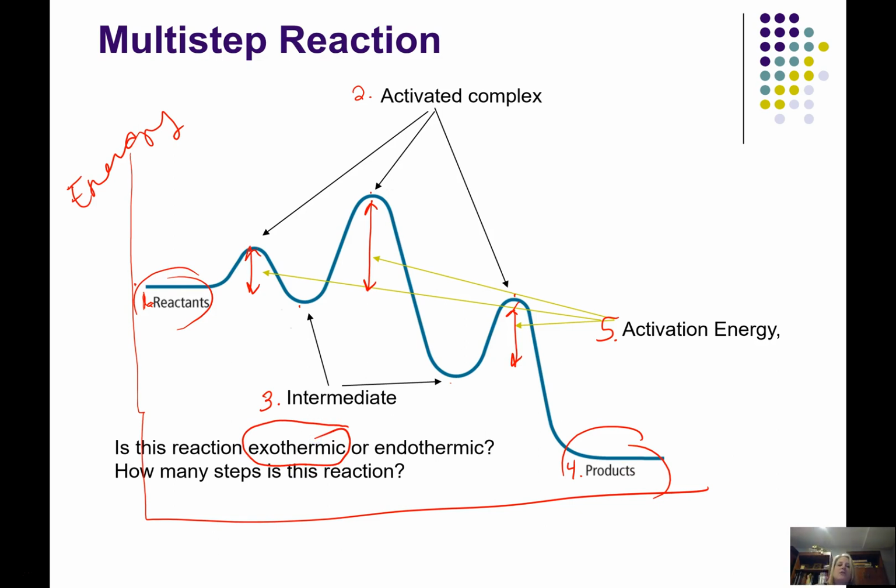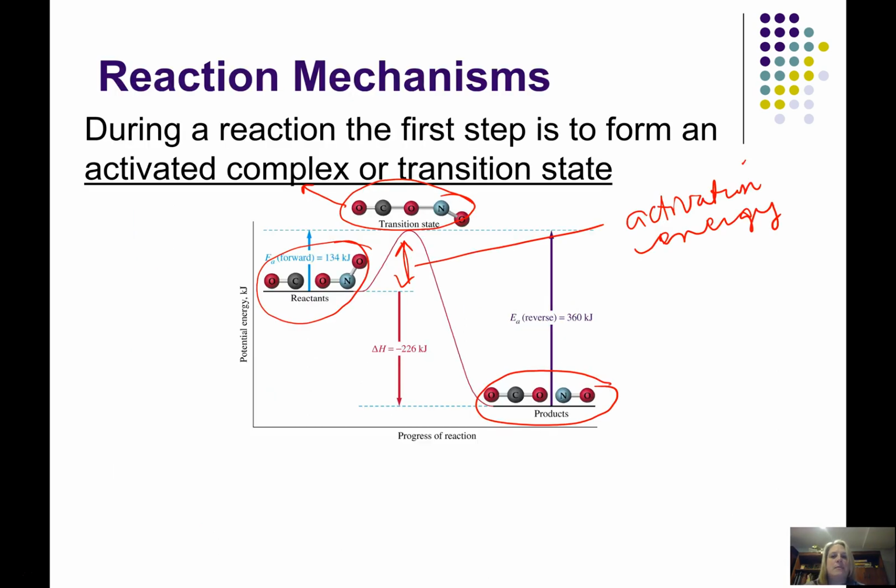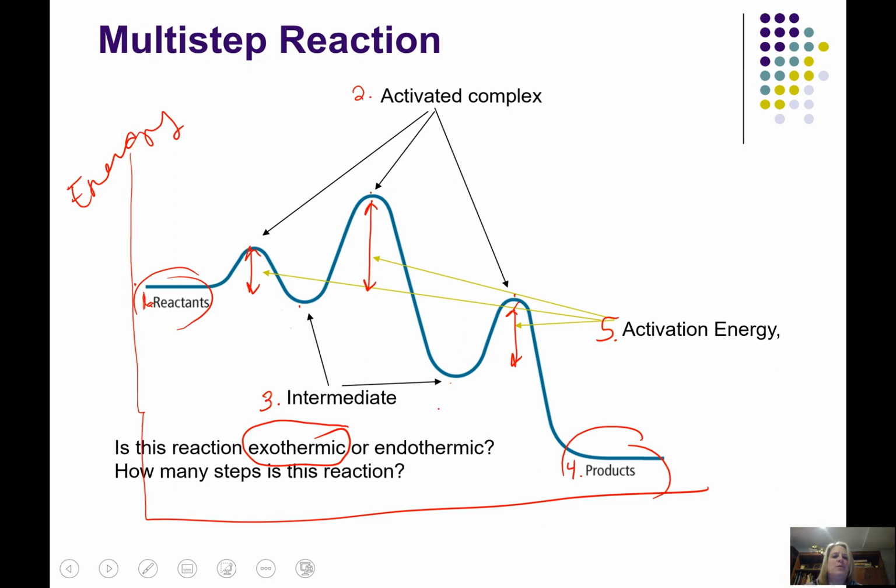Now, another thing you'll have to do is figure out how many steps are in a reaction. So if we go back to this page, this is a one-step reaction. Notice it's one step. So what do you think about this one? How many steps do you think there are in this one? Well, there's 1 step, there's 2 steps, and there's 3 steps. So this is a 3-step reaction.